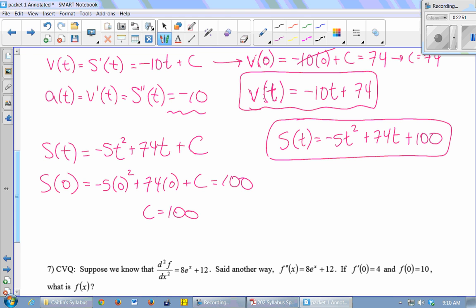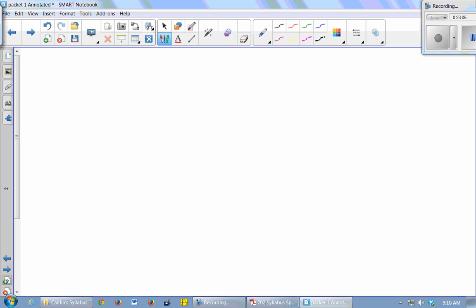So which formula am I going to use to try to solve when it hits the ground? s of t, position, yeah. So when the object hits the ground, what is its position? 0. So I'm going to set s of t equal to 0. And I guess I'll use the quadratic formula.